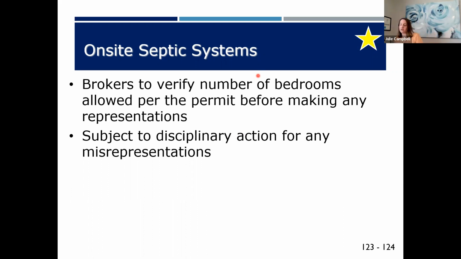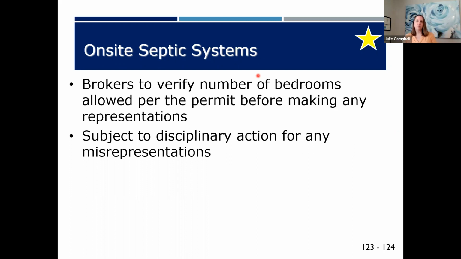Failure to do so could result, as we said, in you being sued. I mean, you can always be sued. You can be sued for anything. But it could also result in disciplinary action by the Real Estate Commission. Remember, the Real Estate Commission regulates your license. And remember, the Real Estate Commission's main purpose is to protect the public. So if you harm the public, they could discipline your license.